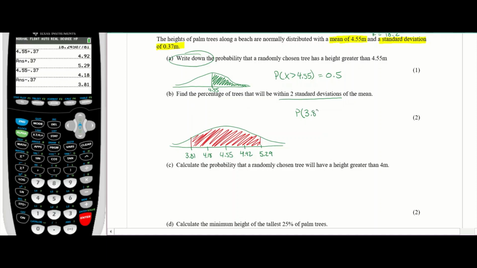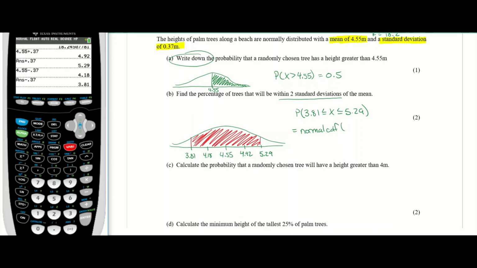Because I'm looking for the probability, that is going to be a normal CDF function. So second vars, normal CDF, my lower is going to be 3.81, my upper is going to be 5.29, my mean is 4.55, and my standard deviation is 0.37.